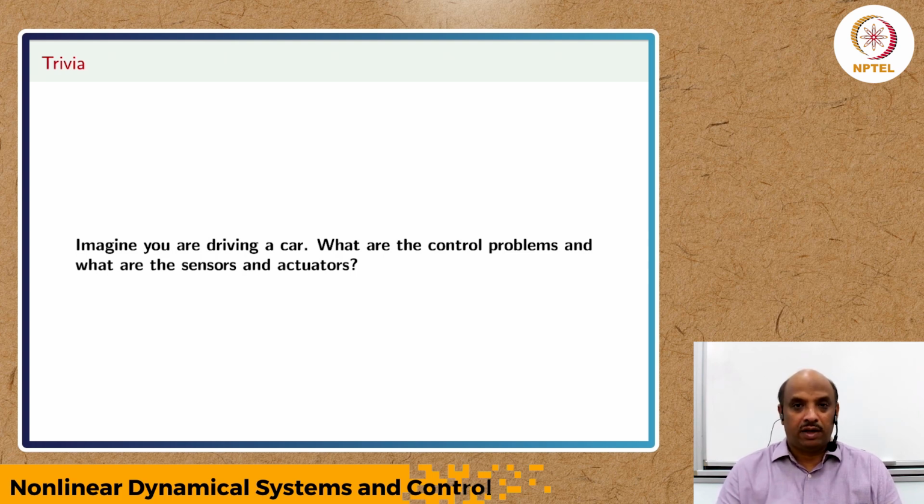There are other standard control problems that come into the picture. These days, there are cars that do everything automatically, but most of the time, we as drivers take care of that, including speed control if we don't switch on the cruise control. The standard one is, of course, to ensure that we stay on the road and go on a specific path, and we use our eyes as sensors to sense the direction.